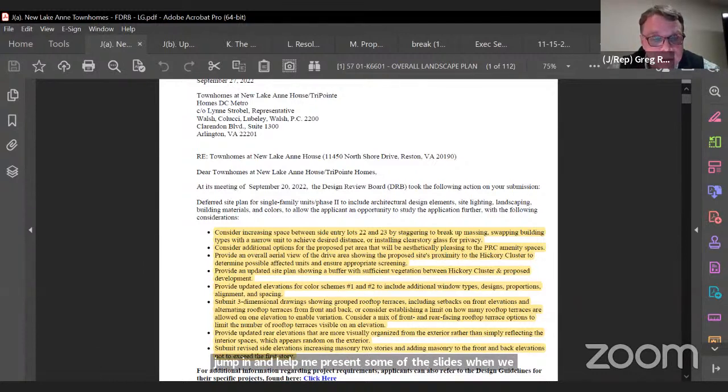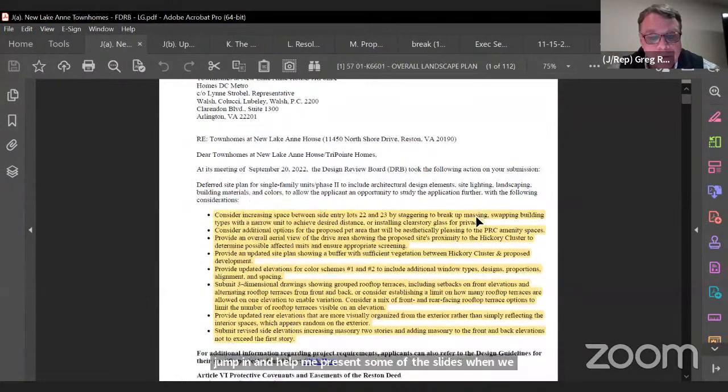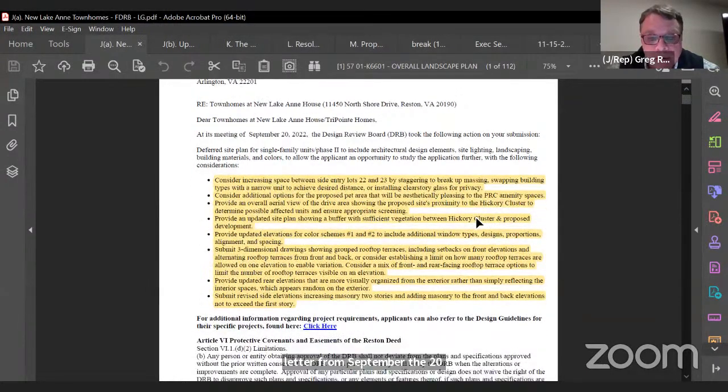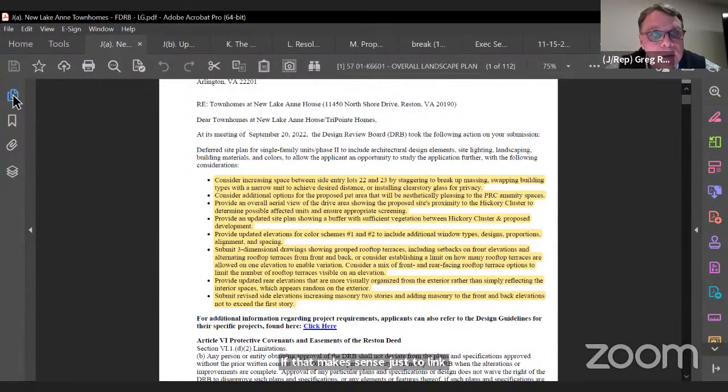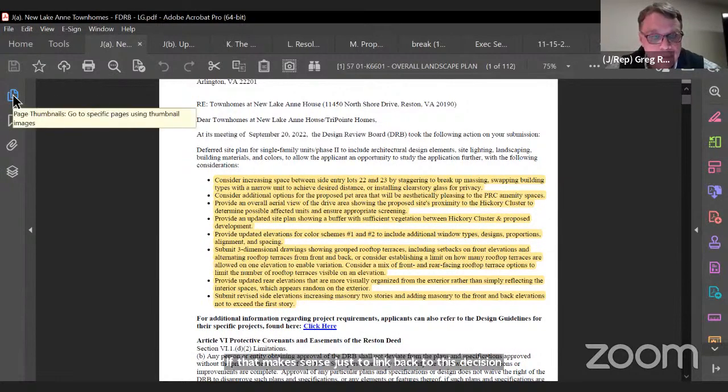So we're looking at the decision letter from September 27th. There are 8 bulleted items there. These are things that we were asked to address with our next submission. So as I go through our slides, I'll refer to the bulleted items that correspond with the slides that we're looking at, if that makes sense, just to link back to this decision letter with our materials. Okay, next slide, please.